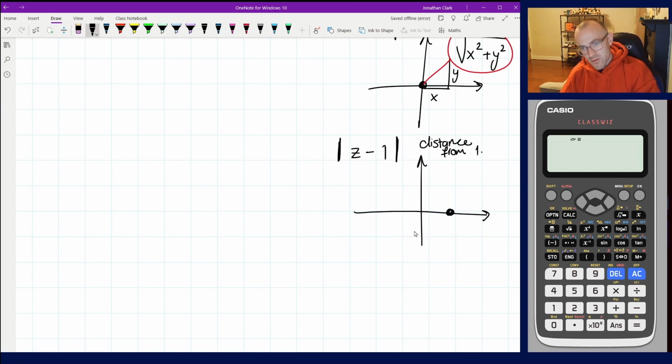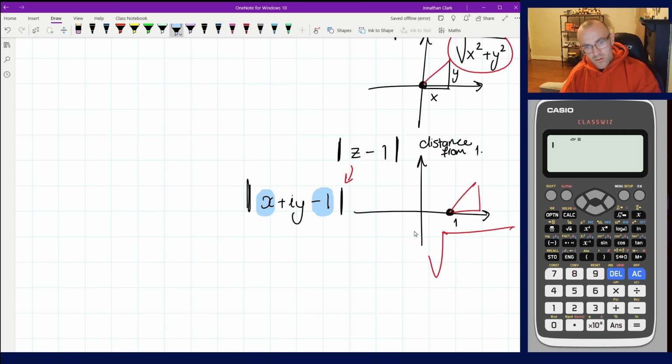You take that point there, 1, and you're working at a distance from there instead. So you still have an x and a y value, but the formula looks something like this instead. What I'll do, I'll split this up into an x and a y, and I'll combine the real parts of it.